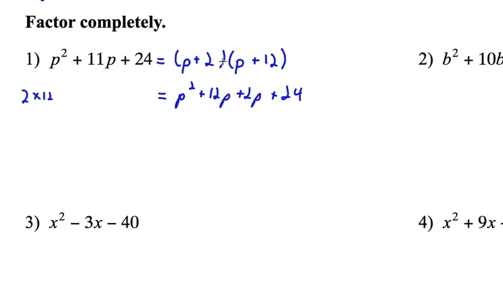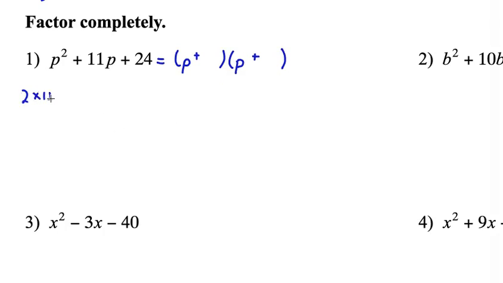So these aren't the right factors. But notice what we're doing here. We had these two numbers that were factors of 24, 2 and 12. And when we multiply those, we get 24. And when we add them, we end up getting 14. But we want our two factors to add to 11. Okay, back to the drawing board.